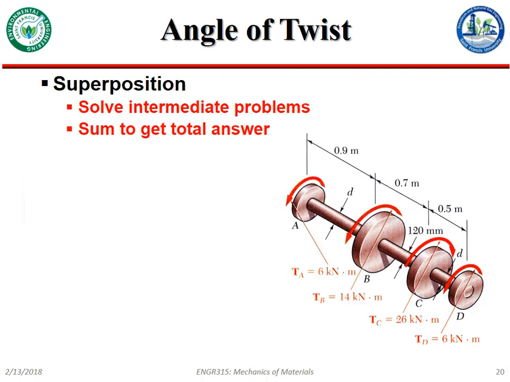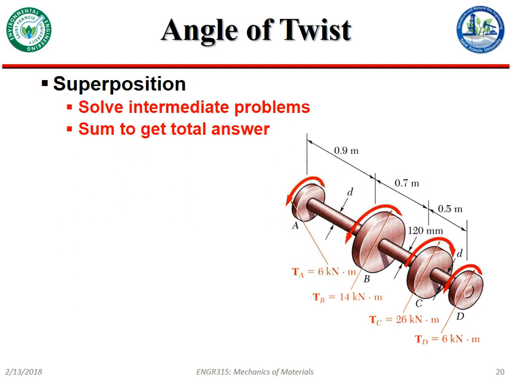So your favorite friend, superposition. It works for stresses, works for strains, and all kinds. You've already used it for a normal stress problem, and there's one coming up this week that deals with the same thing. Now we're going to use it for strains, or rather, angles of twist.